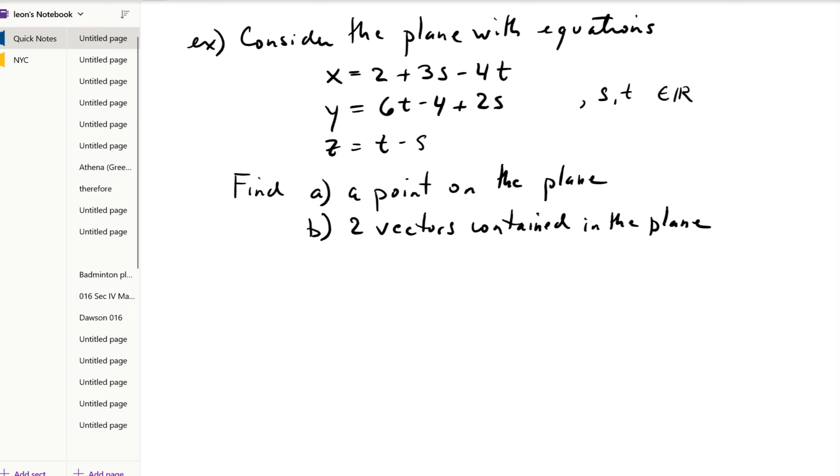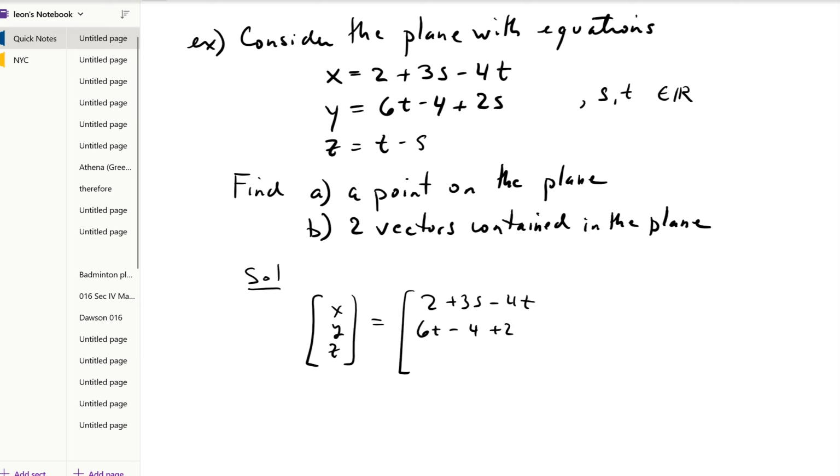To do this, we're first going to see that these equations give us the equation of the plane in vector form. Let's say solution. I could regroup these equations into a single equation by putting it in vector form, so this is 2 plus 3s minus 4t, 6t minus 4 plus 2s, and t minus s.